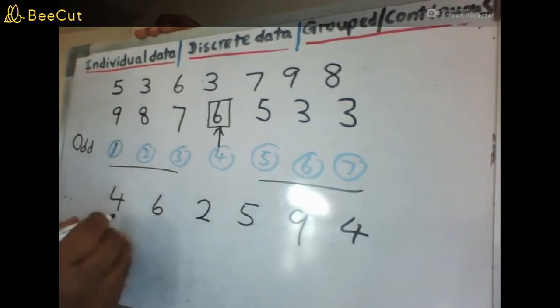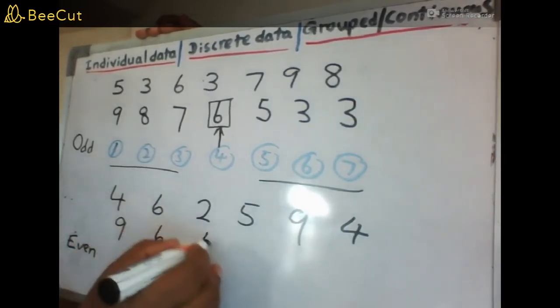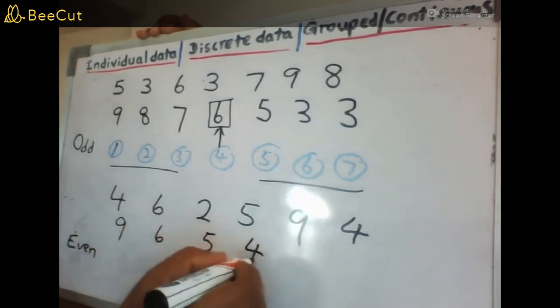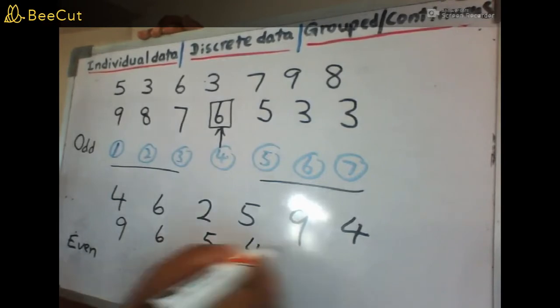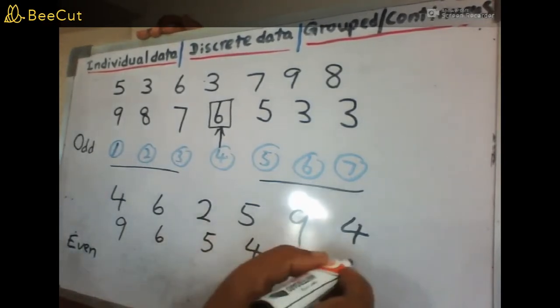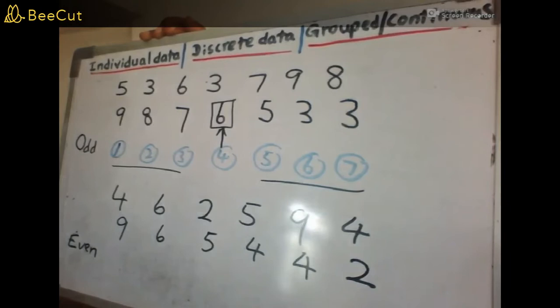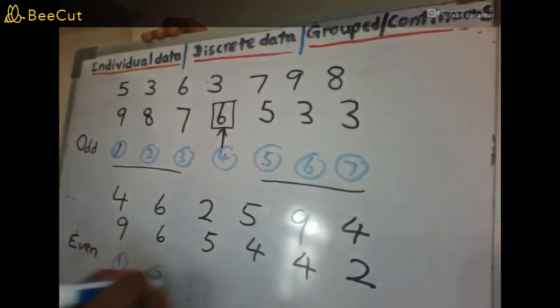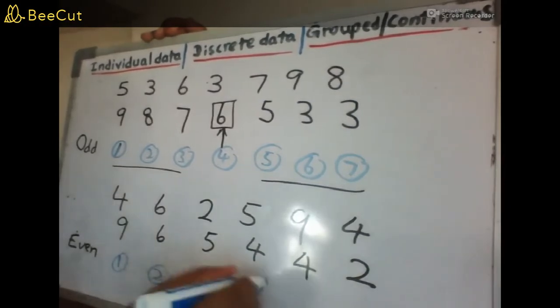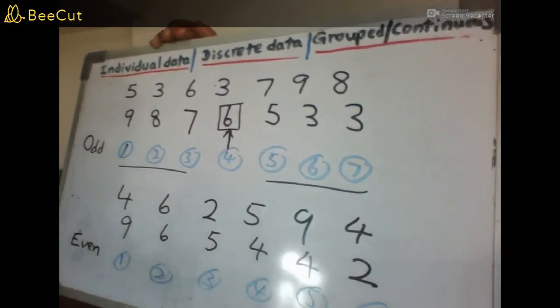I will arrange this now. 9, 6, 5, 4, 4, 2. All right, that's the arrangement. Now we'll number them 1, 2, 3, 4, 5, 6. 6 data.